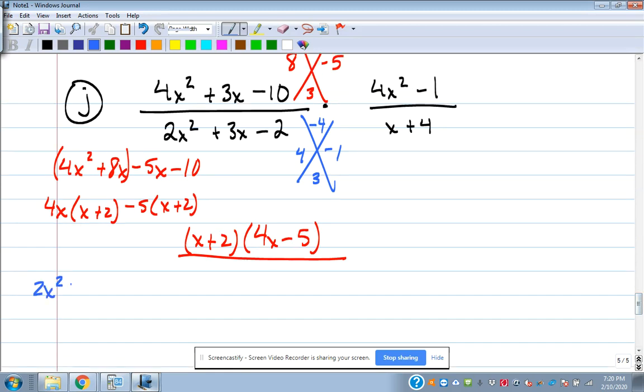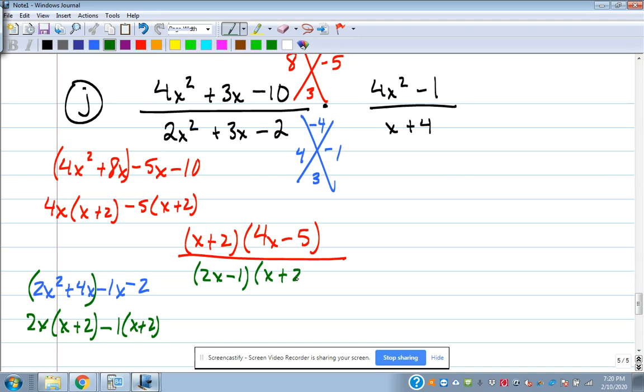I'm going 2x squared plus 4x minus 1x minus 2. We're grouping those two together. So that's going to give me (2x minus 1)(x plus 2). So we've got the first fraction factored.